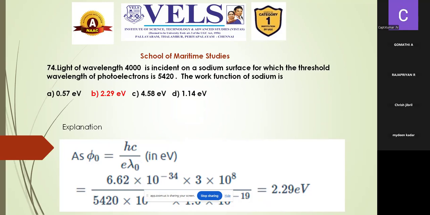If you substitute these values and simplify, we get the answer 2.29 electron volt. This is the work function of sodium.